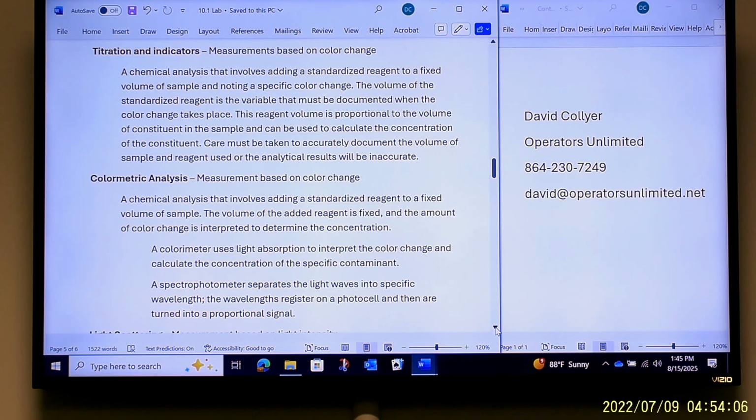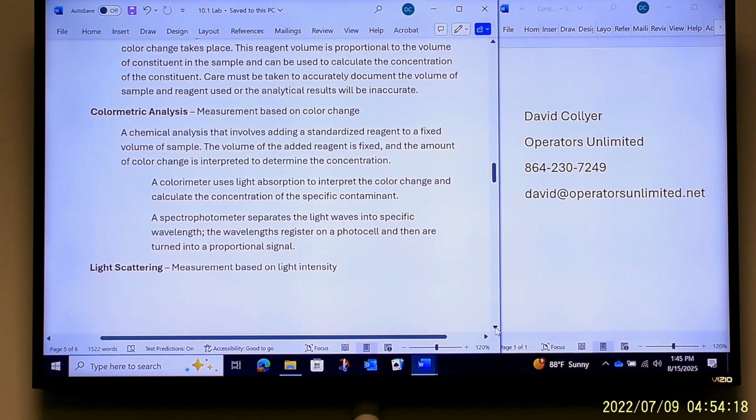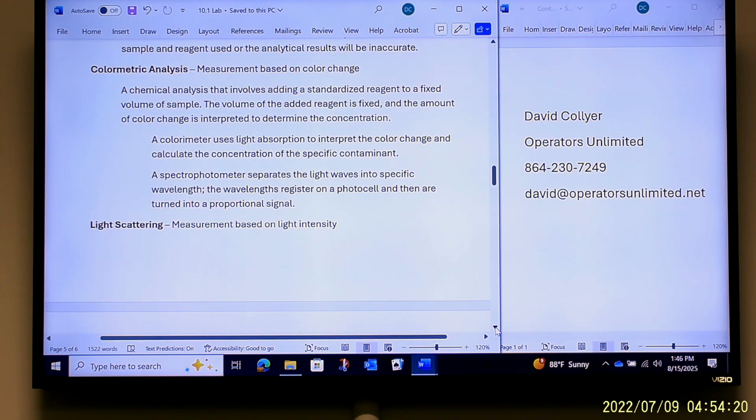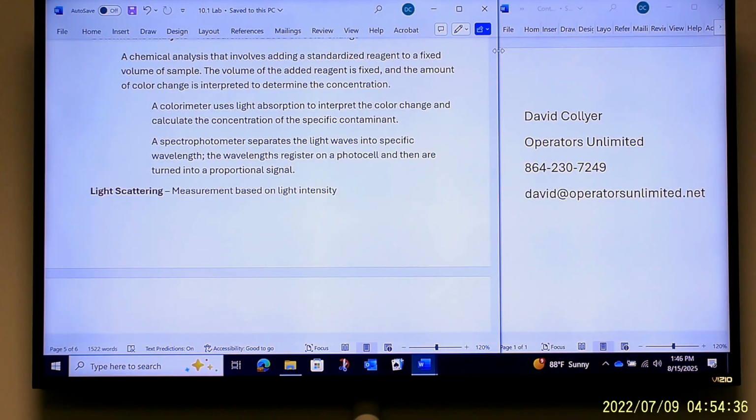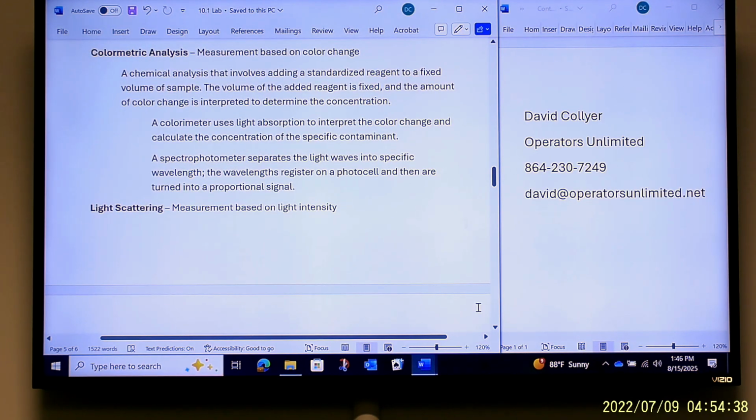A colorimeter uses light absorption to interpret the color change and calculate the concentration of the specific contaminant, while a spectrophotometer separates the light waves into specific wavelengths. The wavelengths register on a photocell and then are turned into a proportional signal. And that is colorimetric analysis.